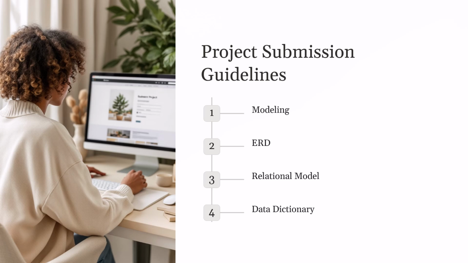And then we have a relational model showing table structure, keys, and relations. And finally, have the dictionary, including field names, data types, constraints, and descriptions. Each part builds on the others, so please be sure that your documentation is clean, complete, and aligned with your actual database design.